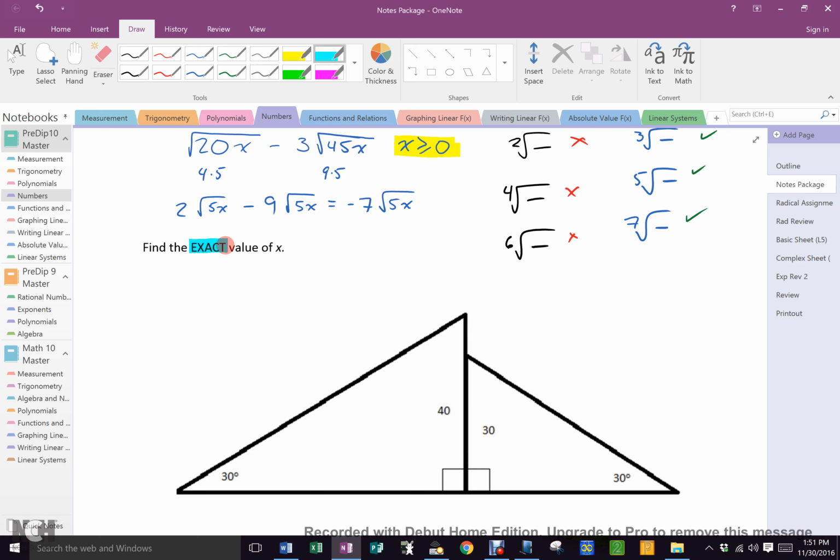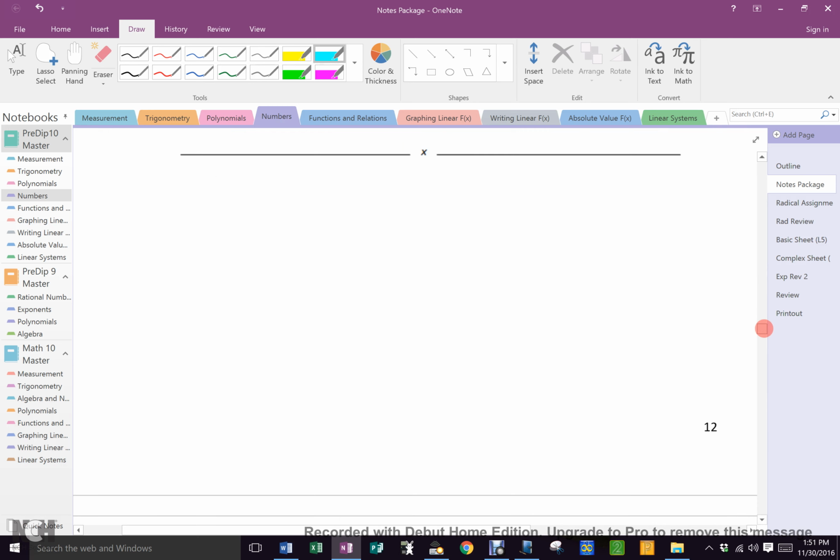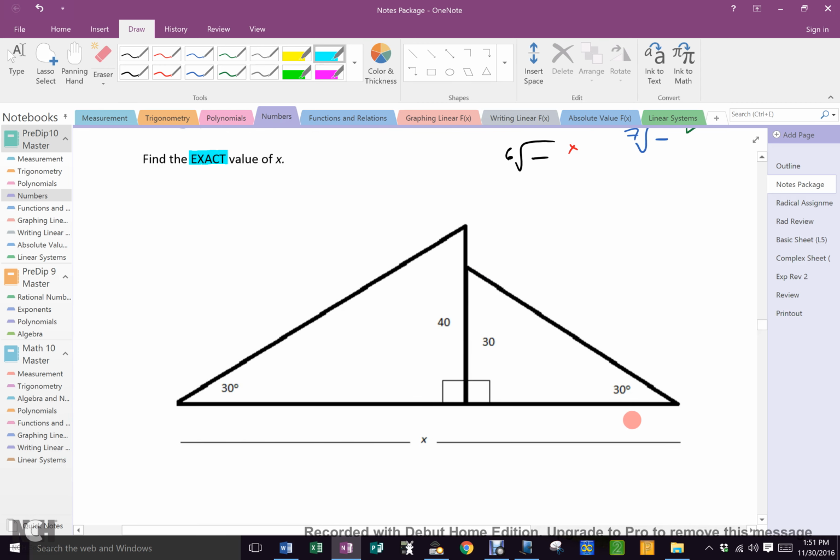All right? All right, so how are we going to figure out the length of x exactly? Talk amongst yourselves. Go. Well, if you use sine.